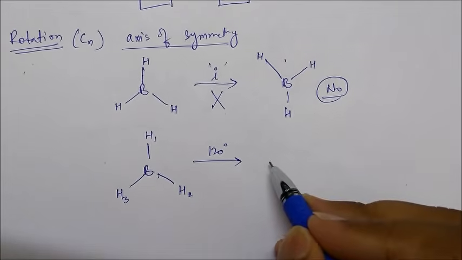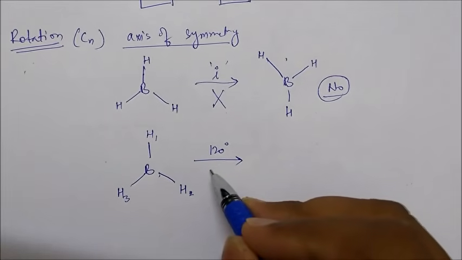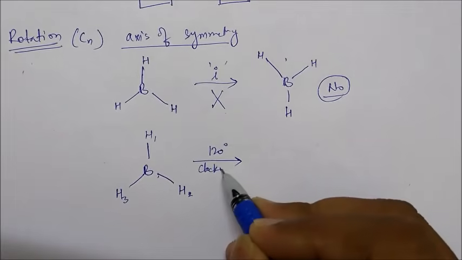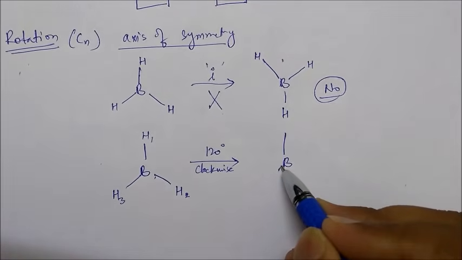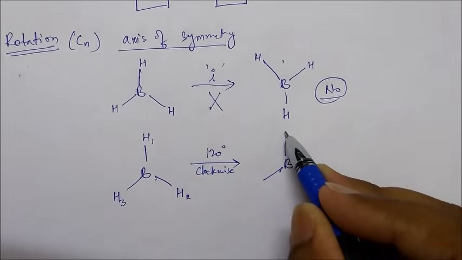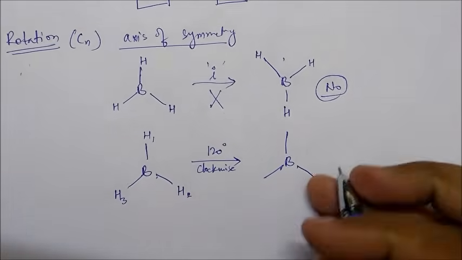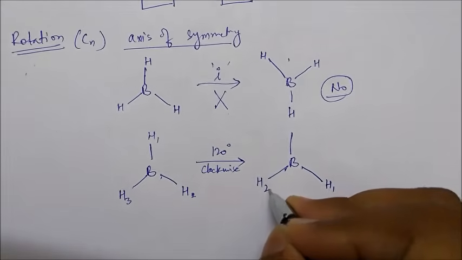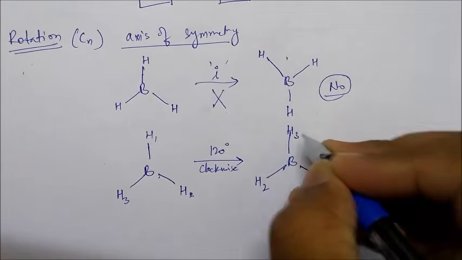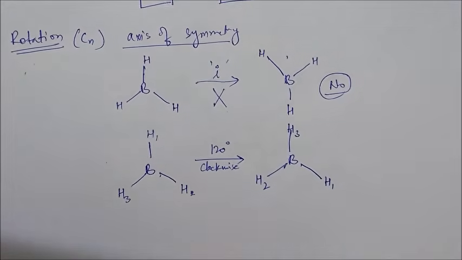If I rotate 120 degrees clockwise, and that is also important, clockwise, then this hydrogen that was in the first position will come here. H1 will go to the second position, H2 will go here, and H3 will come here. So are these molecules identical?